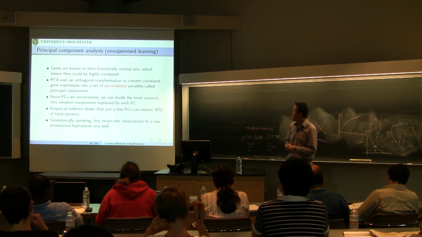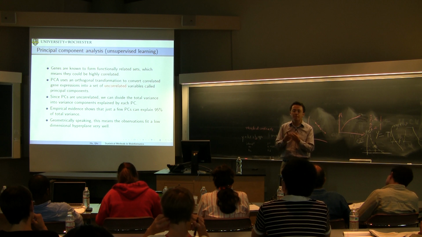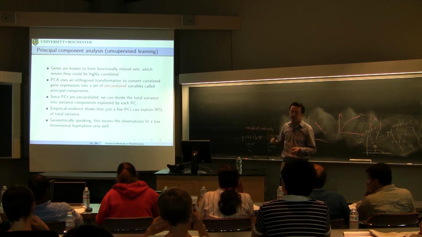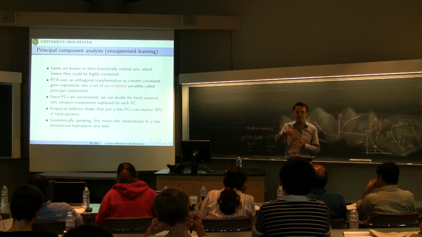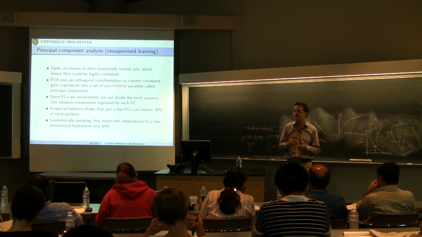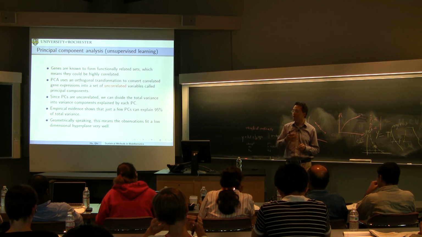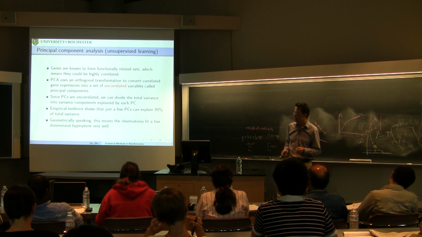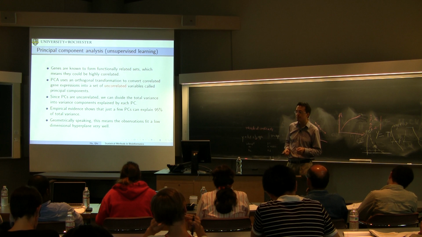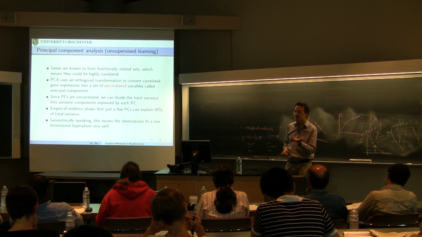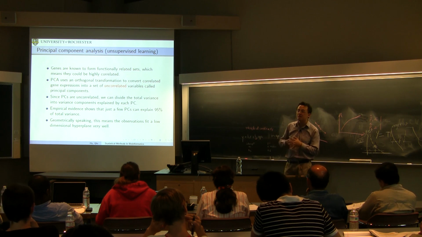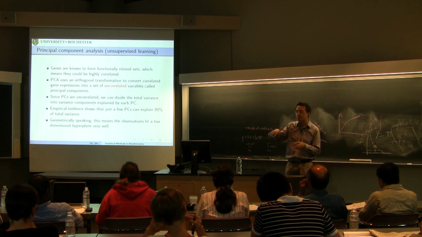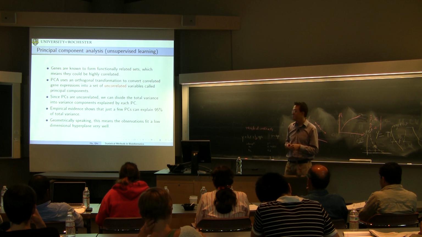So that means the true dimension, even if I have 8,000 genes, because they are highly correlated to each other, the true dimension may be much less than 8,000. According to my experience, most of the data have a true dimension around 10. Even using 10 principal components, they can explain most of the information in your data.